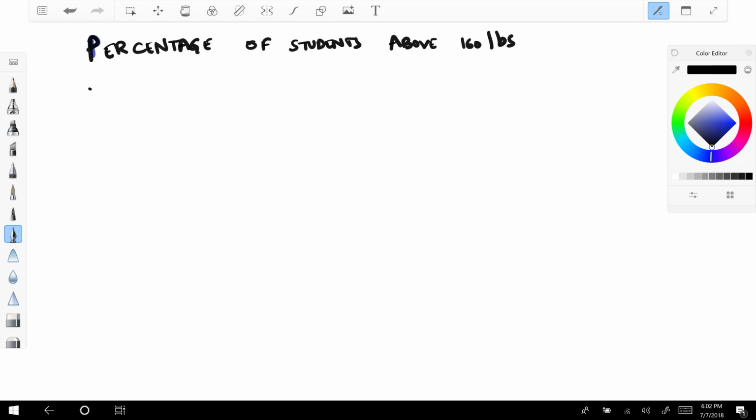So again our mean is 180 pounds. Our standard deviation is 10 pounds.